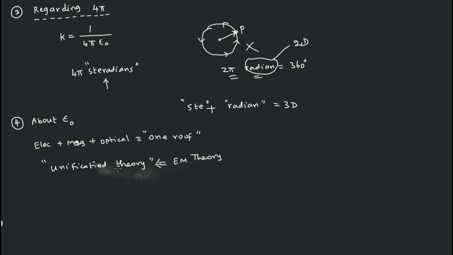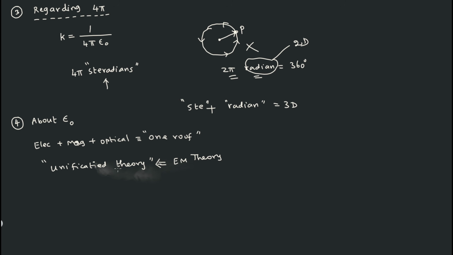What is the meaning of unification? We want to understand whatever is around you. We don't want to say that this is mechanics and this is optics and something else is a different study which you do not know. It is not like that. It's not scattered, but we want to bring everything under one roof. Everything under one roof means you understand everything in terms of some phenomena or some underlying concept.